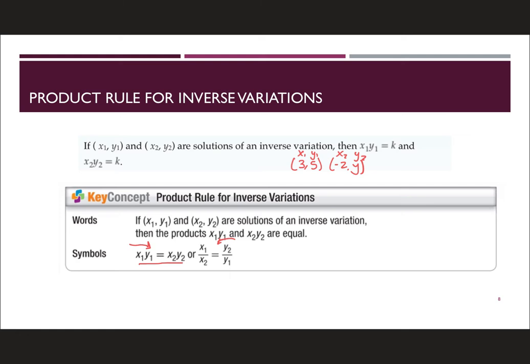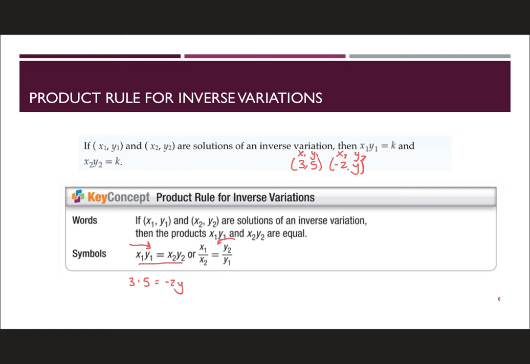It doesn't really matter which one. You're going to get the same answer, whichever you choose. I'm going to do this first one. So it would be 3 times 5 is equal to a negative 2 times y. And now you have an equation that you could solve for y with. Now again, I don't know if these numbers would work. I think we get a fraction.